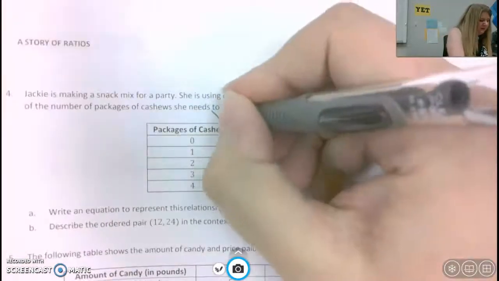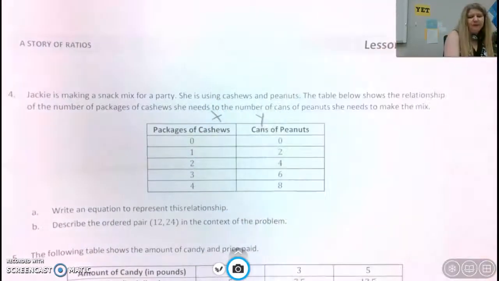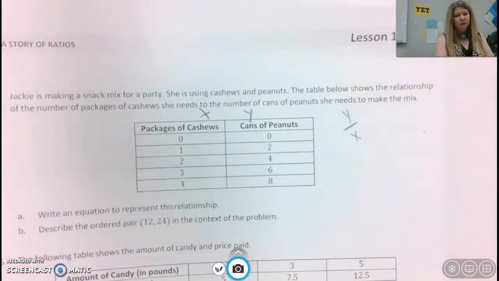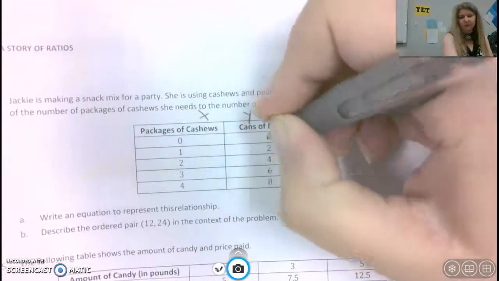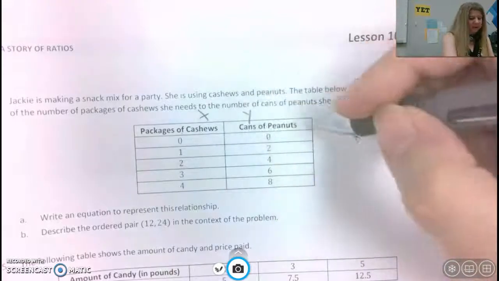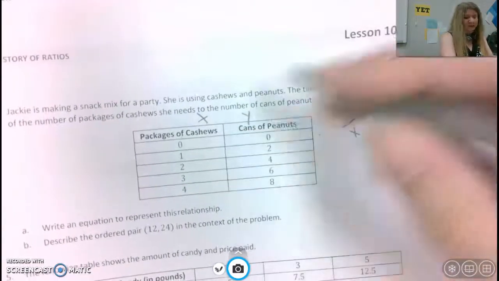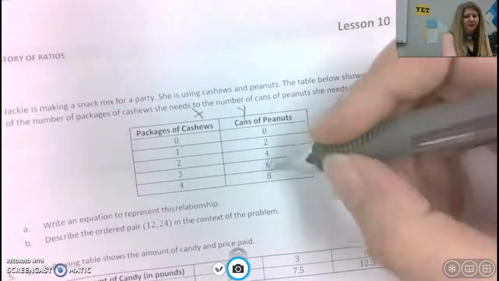So we have discussed many times, we have x and y, so we're going to do y divided by x to find our unit rate, constant of proportionality. Now, here 0, 0 is the origin, so that's needed, but dividing there is not going to help us find any information because we're going to get that divide by 0 error.